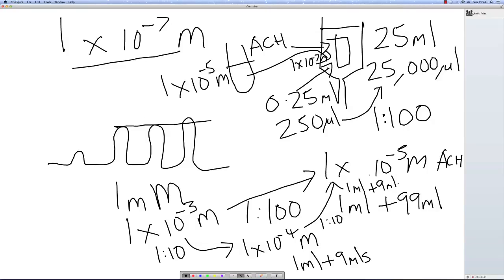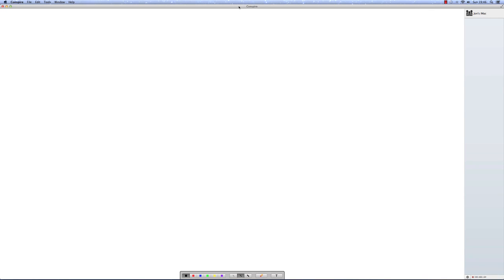So you should have 3 tubes before you start part 1, labeled ACh 1 times 10 to the minus 3 molar, ACh 1 times 10 to the minus 4 molar, and ACh 1 times 10 to the minus 5 molar. Once you have the 1 times 10 to the minus 5 molar, then you can start part 1. But don't throw away 1 times 10 to the minus 4. You will need it for later. Okay, that's part 1. Now you can move on to part 2.